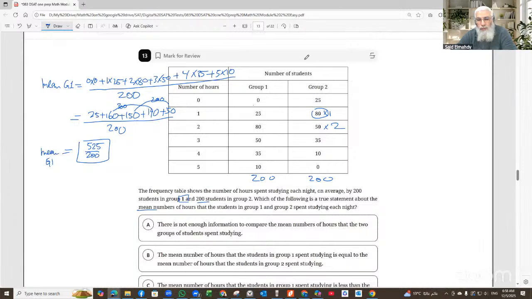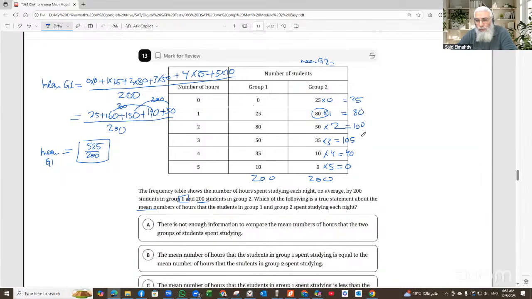Mean here is the mean of group 2. We just multiply 0 times 25 and all these numbers. And then 0 times 5, this is 0, this is 40, this is 100 and 105, 180, and 25.